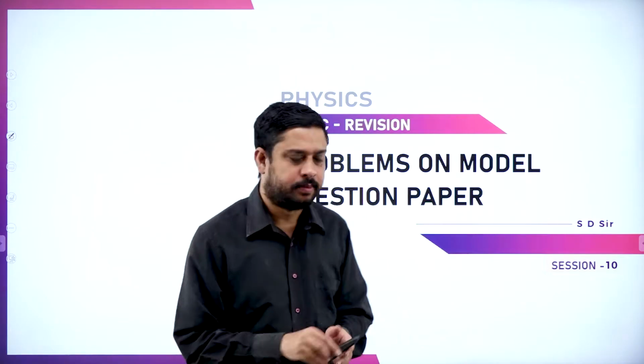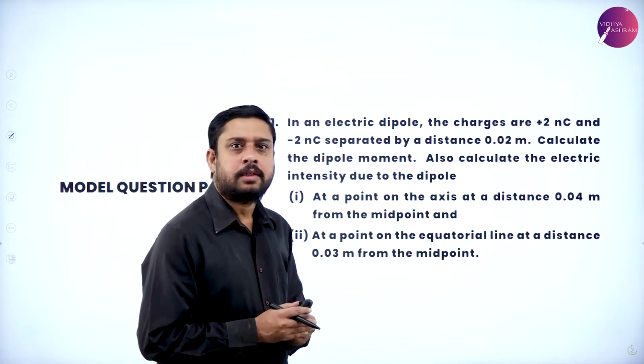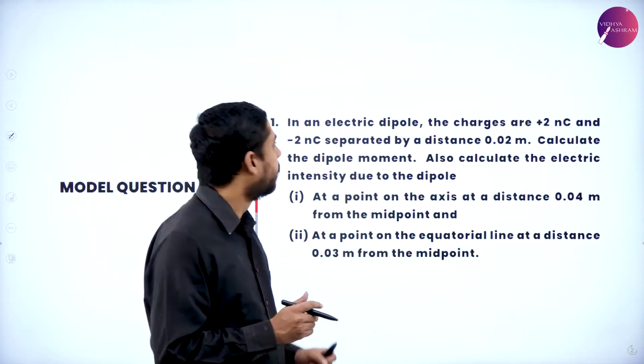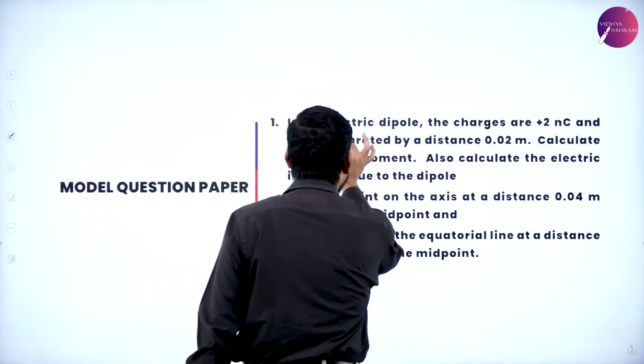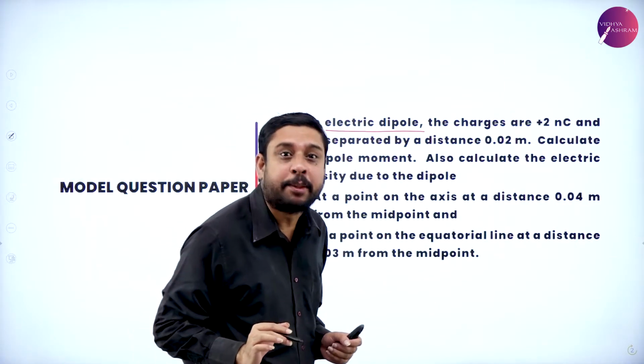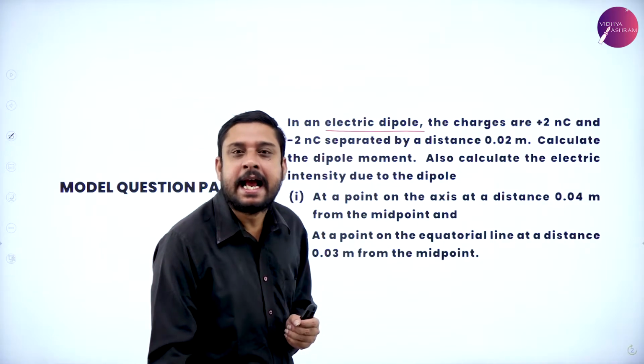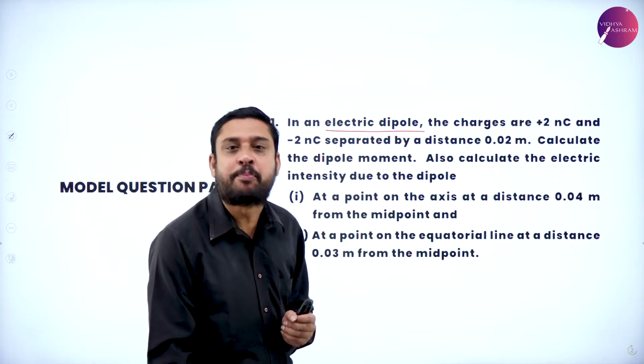The first one, the problem says, in an electric dipole, there is an electric dipole.